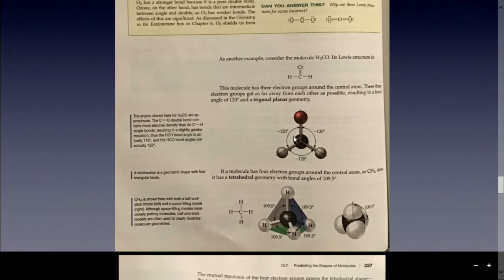Just like you see it on the piece of paper, that's actually how it would look if you were to turn this sideways, looking straight at the hydrogens with the oxygen pointing away from you, then it would be flat. It would be planar, and it's called trigonal. Tri means 3, and so it's a trigonal planar geometry.